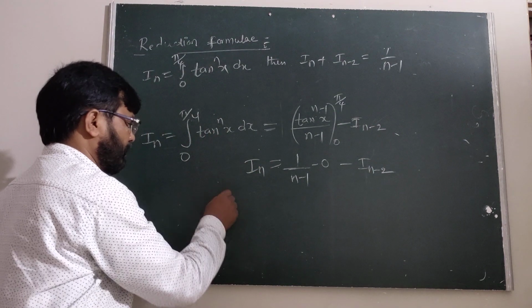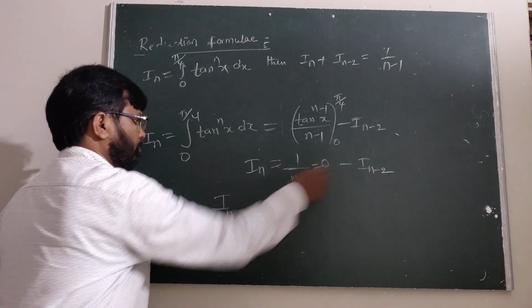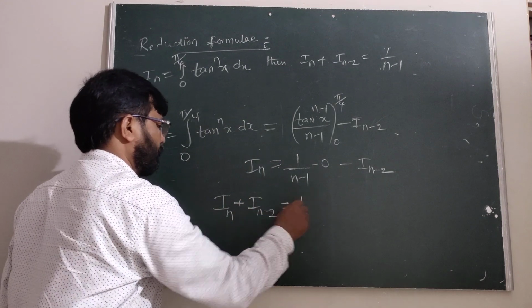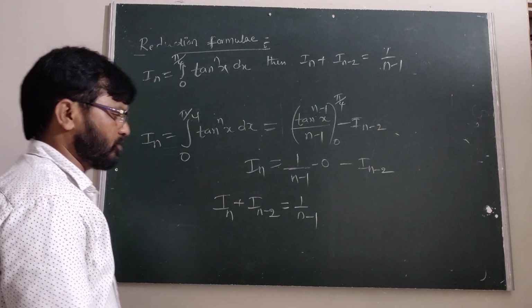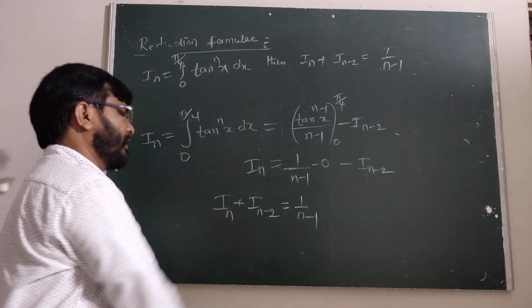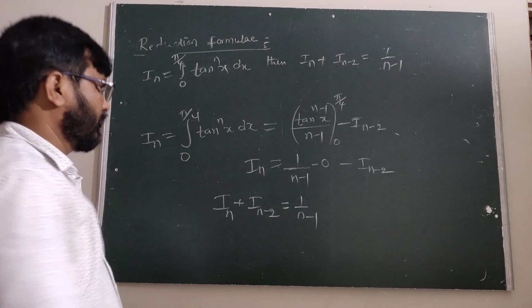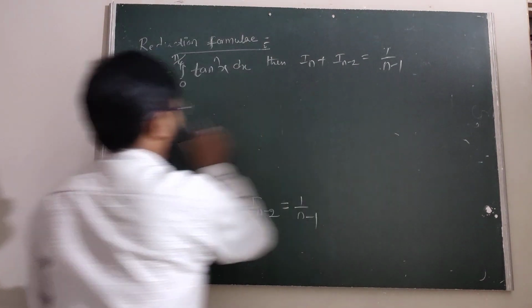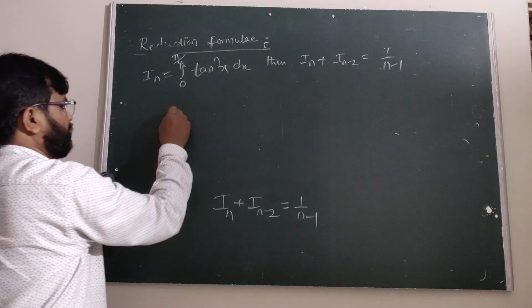Therefore, now we can write I_n plus I_(n-2) equal to 1 by n minus 1. Okay. This is I_n plus I_(n-2). Now how to write this one? All of you listen here.